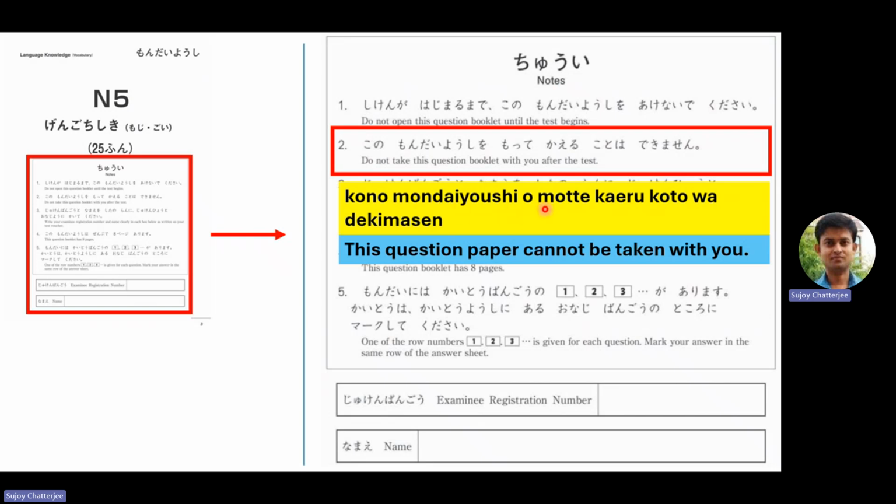So together it means this question paper cannot be taken with you. So this is not exactly what is translated here, but the actual translation is this question paper cannot be taken with you. Kono mondai yoshi o motte kaeru koto wa dekimasen.